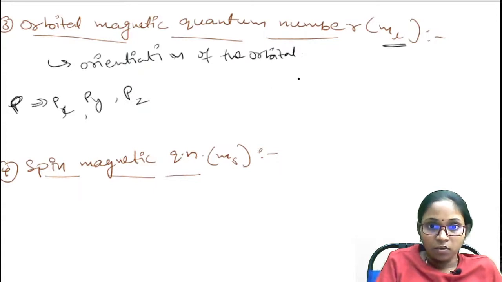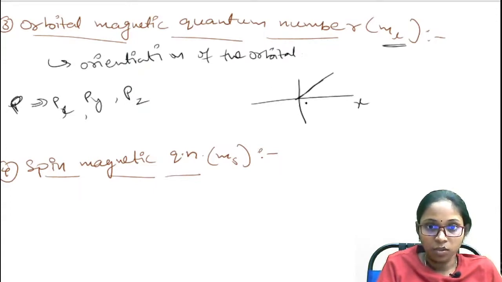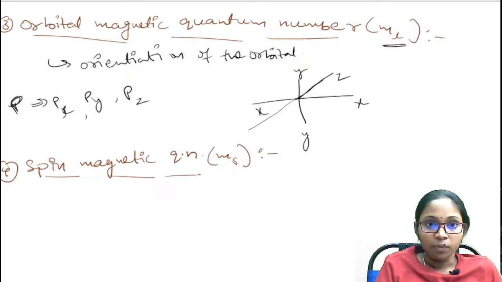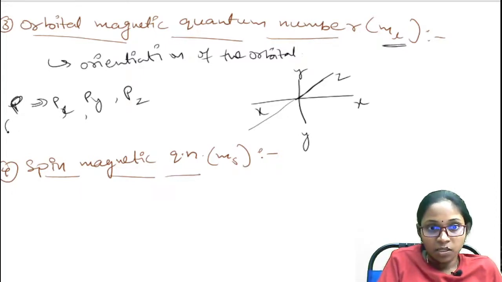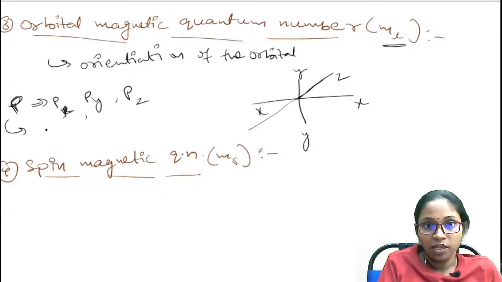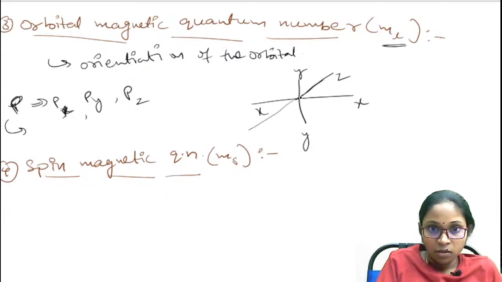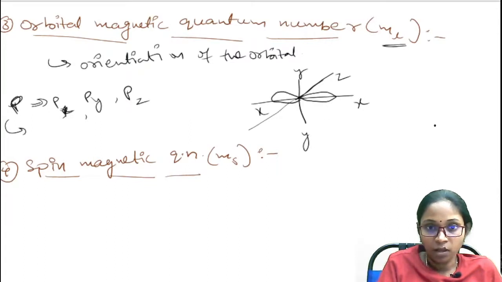Okay na? We have three coordinate system, Cartesian coordinate system, for example x, y and z axis. Okay, if this P subshell is oriented in px direction, that means this will be the P subshell you are having.